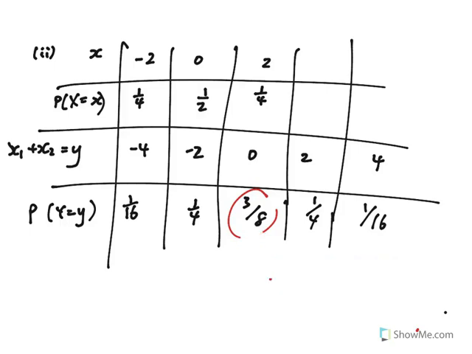For example, the probability of me getting -4 would be X1 equals -2 and X2 equals -2. Correct.